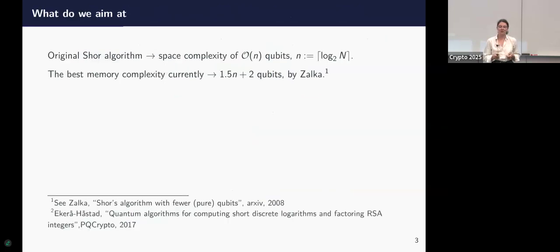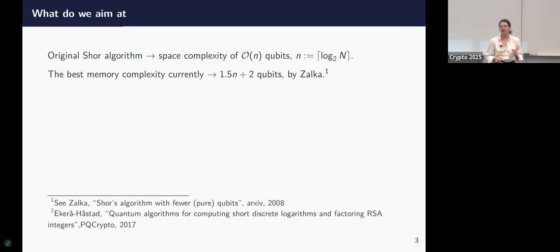Now, since we have to store integers between 1 and big N in order to run Shor's algorithm, this algorithm has a memory complexity that is linear in the bit size of the integer big N that we want to factor. So let's name this bit size small n. The space complexity of the original Shor's algorithm is linear in small n.